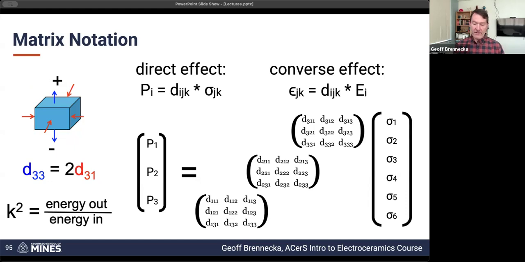All right, so we can represent this equation in matrix form by just saying that because the polarization is a first rank tensor, that just means that it's a vector. Polarization just means you have a positive charge and a negative charge, and you've got some distance between them, at an angle, and then a magnitude.